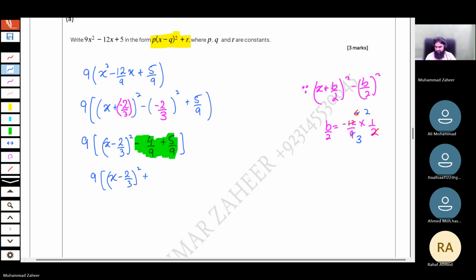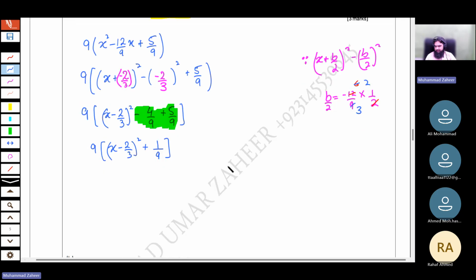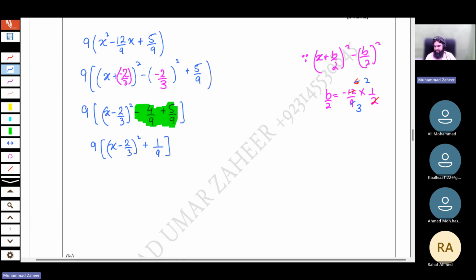All right. You get 1 by 9. Now 9 is multiplying, so just take 9 inside the bracket and multiply with the first term and with the second term. So the 9 will be cancelled out. We get the answer 9 times x minus 2 over 3 whole square plus 1.